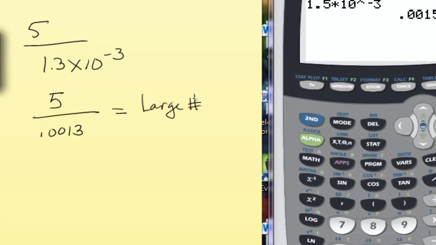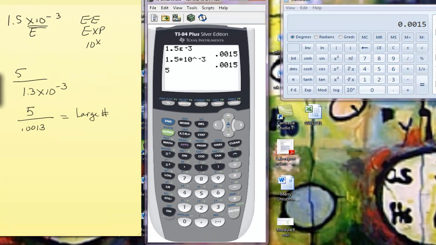So let's do that. 5 divided by 1.3, and then second double E, because that's a little blue key. Some calculators you won't have to do a second function for that. And then minus 3, enter. Okay, so I get a relatively large number because I'm dividing 5 by a pretty small number.